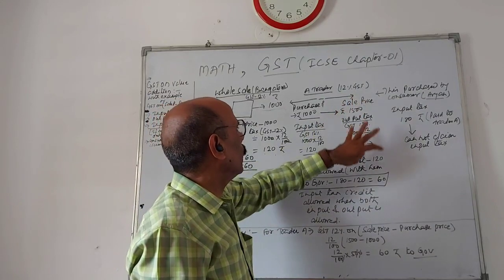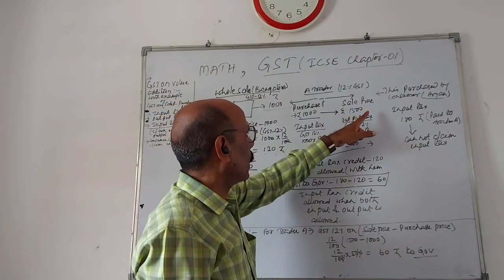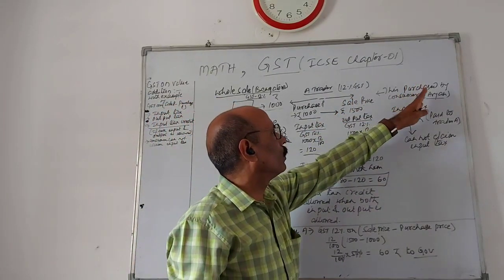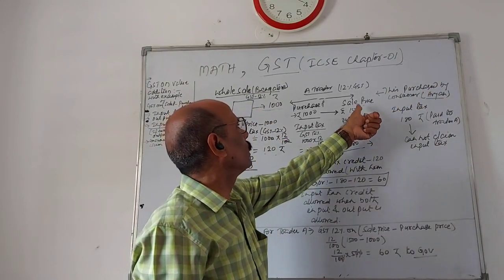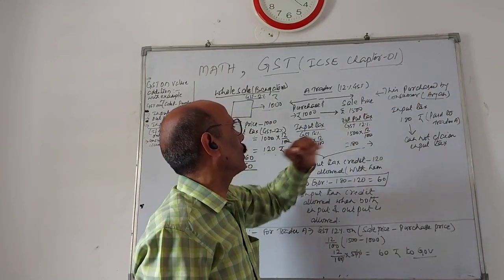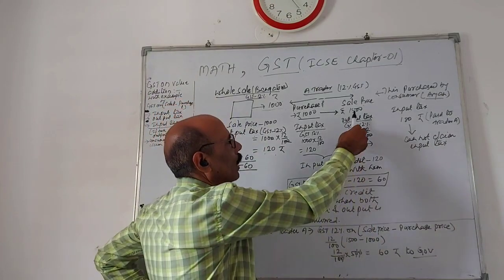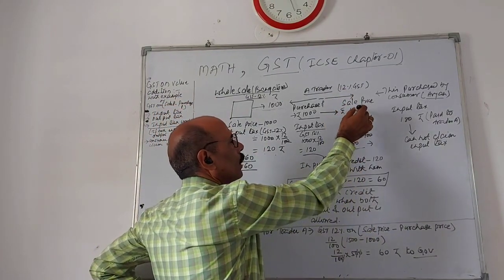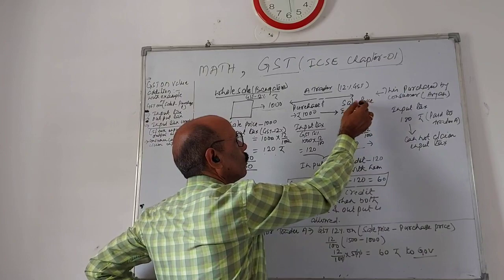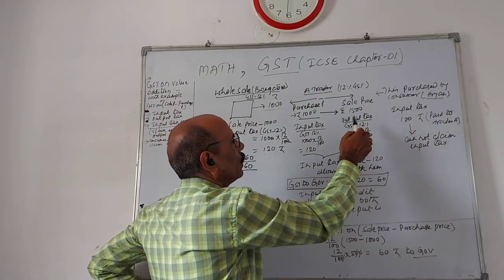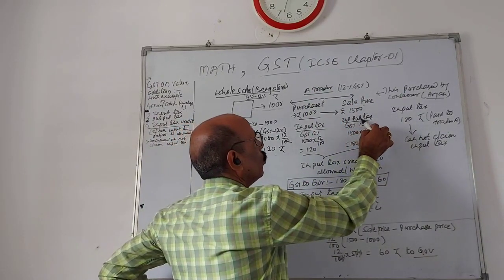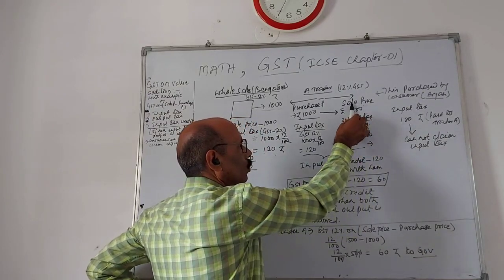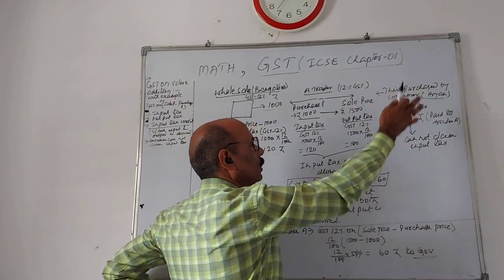So now here again, he is selling to the consumer, he will charge GST. Suppose the same percent, 12%. So he will charge 12% GST on this 1500, and this will be called what? Output tax, because the goods is going out, the transaction is out.